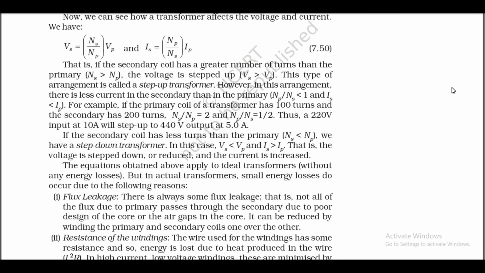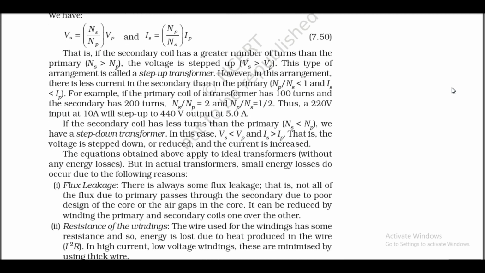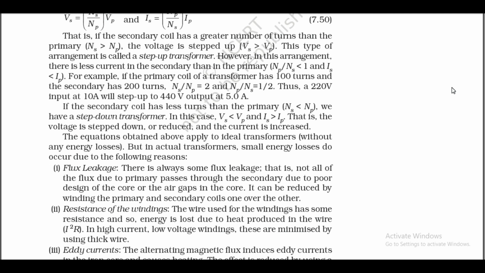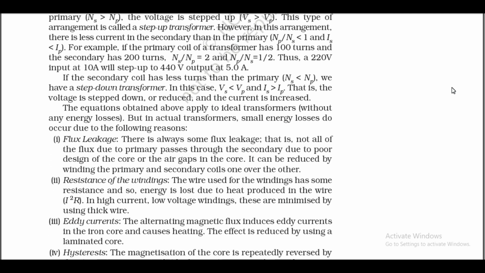For example, if the primary coil of a transformer has 100 turns and the secondary has 200 turns, Ns divided by Np is equal to 2 and Np divided by Ns is equal to 1 by 2. Thus 220 volt input at 10 ampere will step up to 440 volt output at 5.0 ampere.